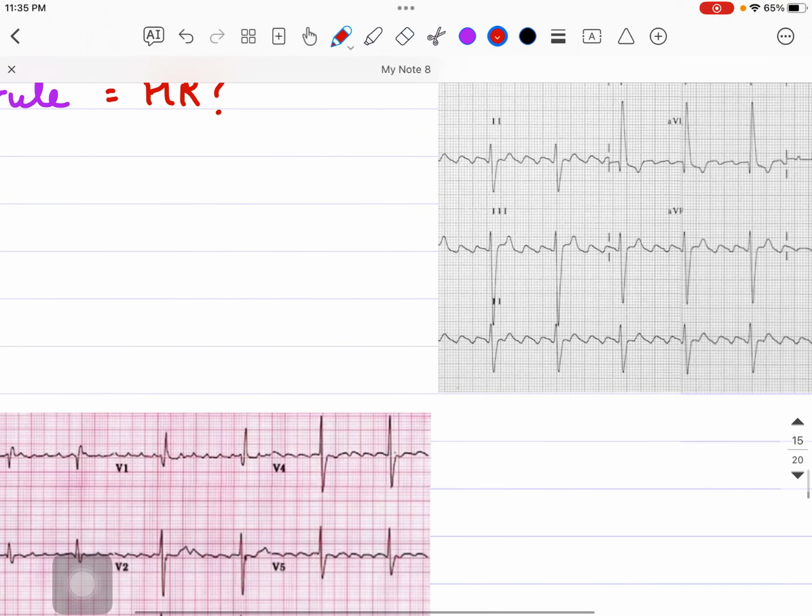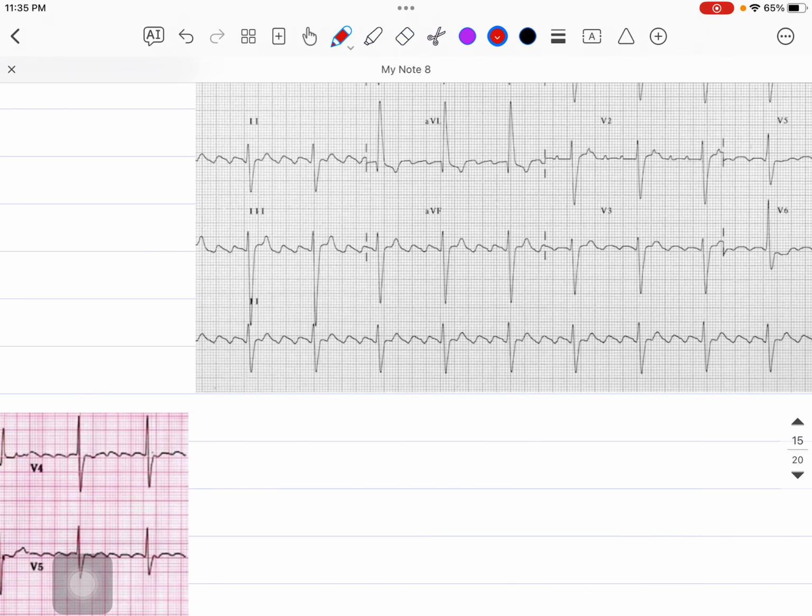For example, I am taking this ECG. This is the first one, then 1 2 3 4 5 6 7 8 9 10 11 12 13 14 15 16 17 18 19 20 21 22 23 24 25 26 27 28 29 30.